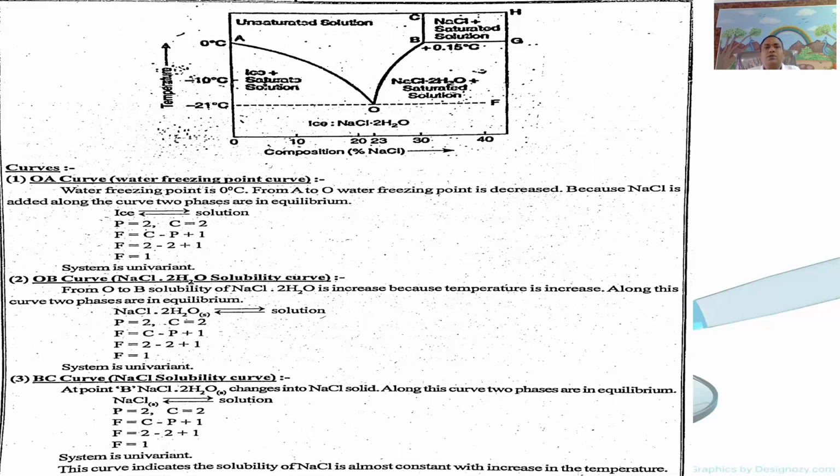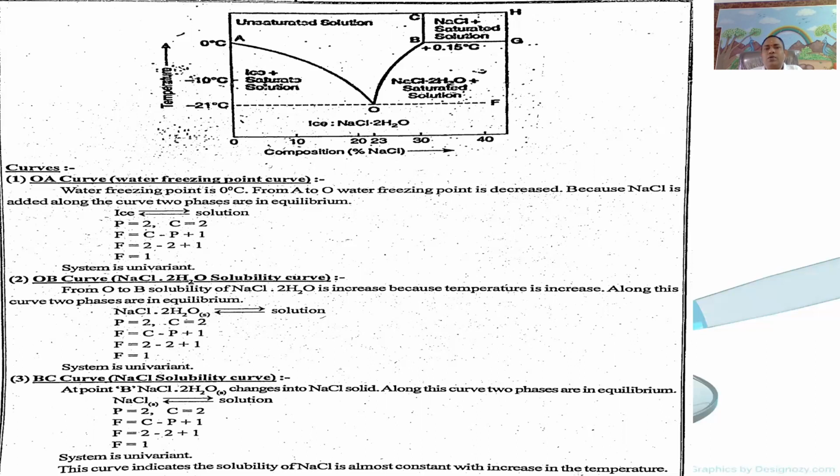But in the sodium chloride water system, at the eutectic point, the temperature is minus 21 degrees centigrade and the composition is 23% of sodium chloride. In the potassium iodide water system, the temperature is minus 23 degrees centigrade and the composition is 52% of potassium iodide. Similarly, AO and BO curves are obtained.